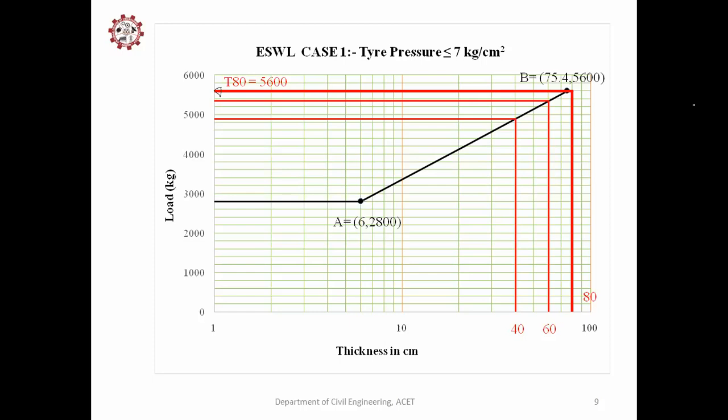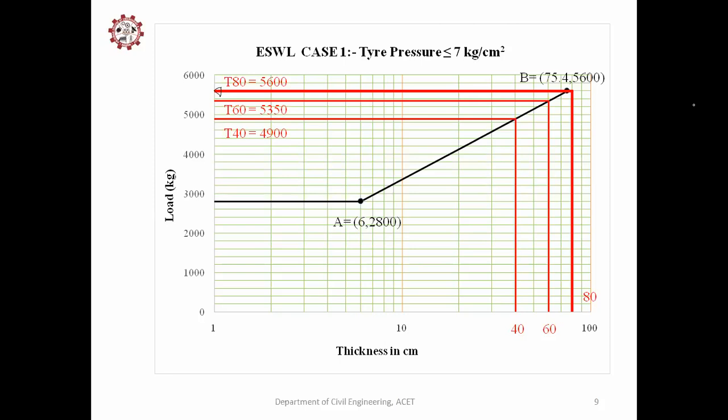All right, I have shown you step by step, but you have to draw each and everything on a single graph. Okay, so this will just look like your semi-log graph paper graph. So you have got the loadings for T40 4900, T60 5350, and T80 5600.